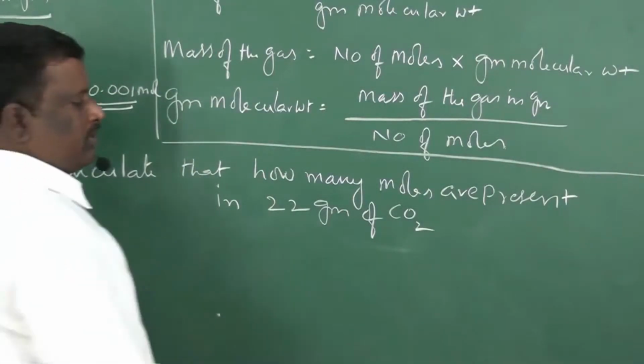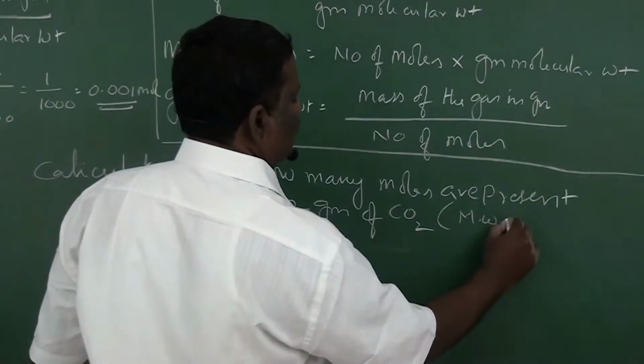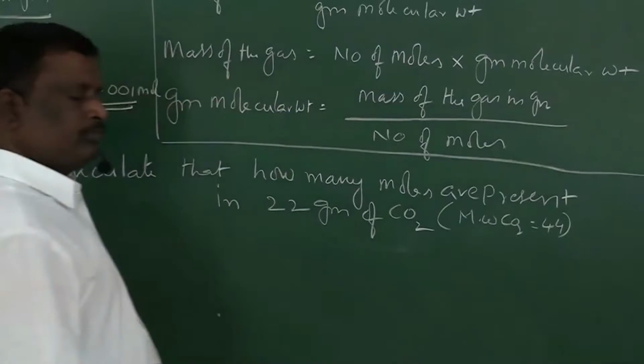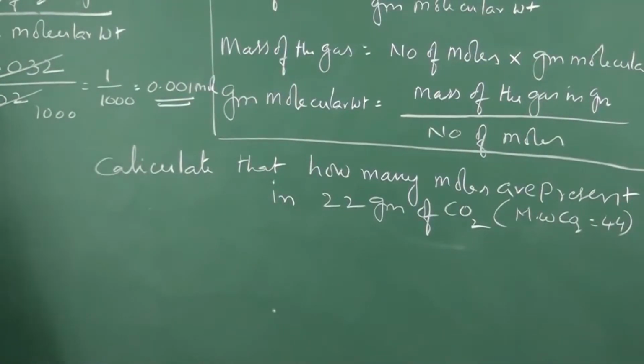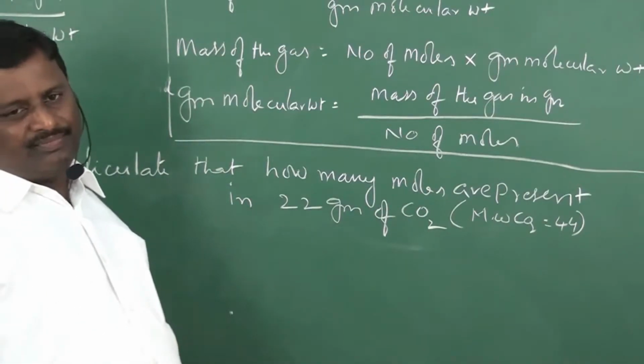Here, molecular weight of CO2 is equal to 44. So here the same thing is given, but for a different gas, carbon dioxide gas, they are asking how many moles by giving its mass.